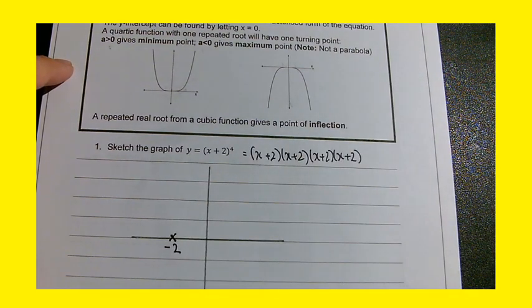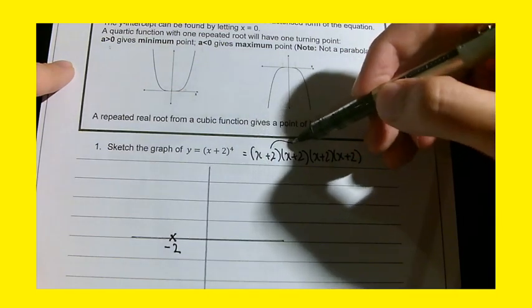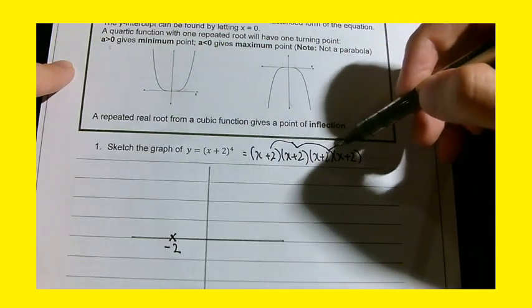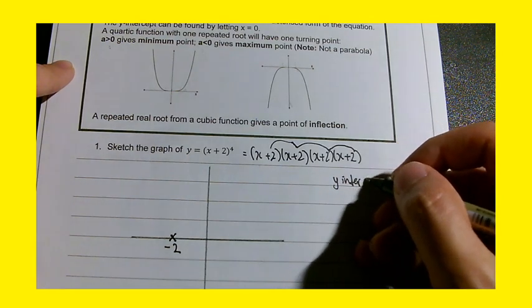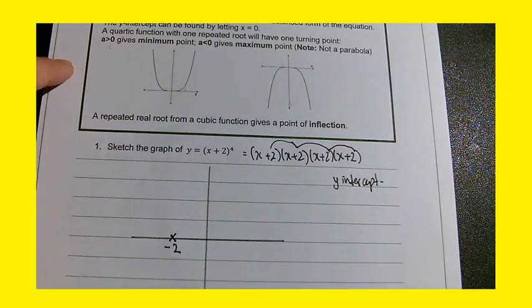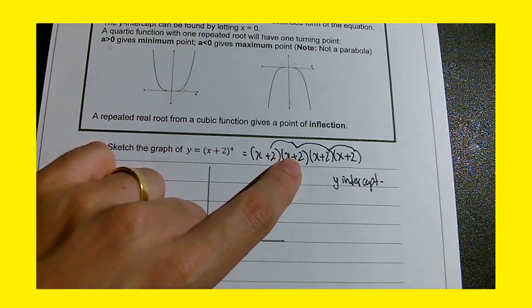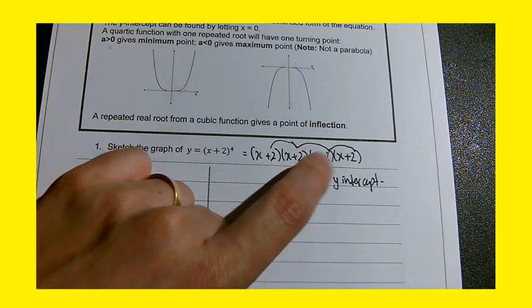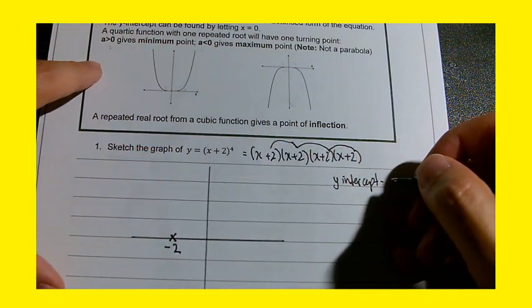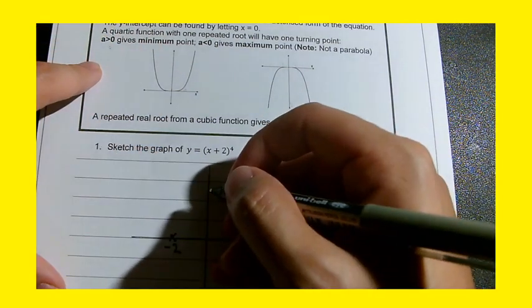What about where it cuts the y-axis? Well, we just expand the numbers of 2, so the y-intercept is going to be 2 times 2, 4, 4 times 2, 8, 8 times 2, 16. So it's going to cut the y-axis at 16.